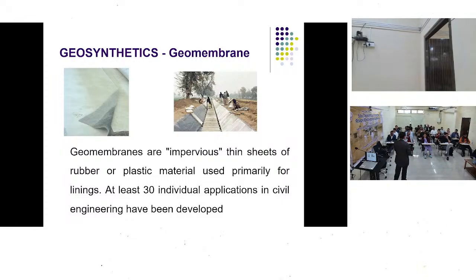That application can be a canal liner. It can be the upstream face of a dam. It can be waterproofing of a tunnel. So those applications are numerous. More than 30 individual applications have been developed in civil engineering using geomembranes in different types of structures.